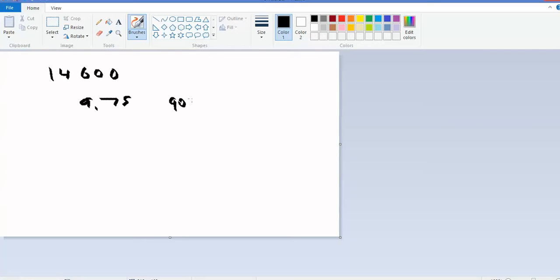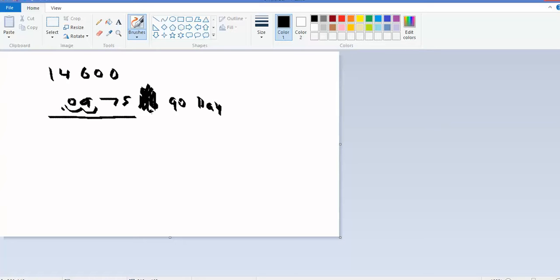But before we start getting into the 90-day business, we're going to calculate how much it is for an entire year. Okay, remember this is 9.75%. If you want to make your life easier, slide it over to the left twice. 1, 2, put a point there, put a 0 here, and then you don't have to worry about this.